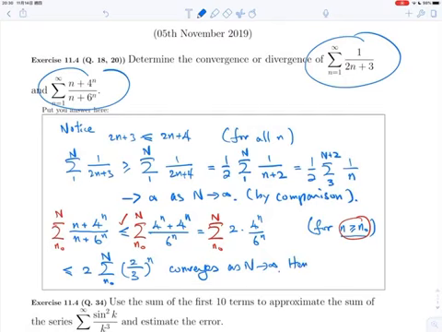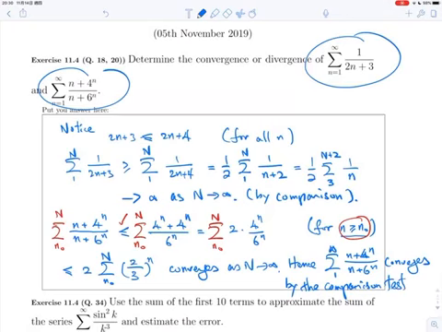Hence, the original series from 1 to infinity converges by the comparison principle with the sum from 1 to infinity of 2/3 to the power n. So that would solve the problem.